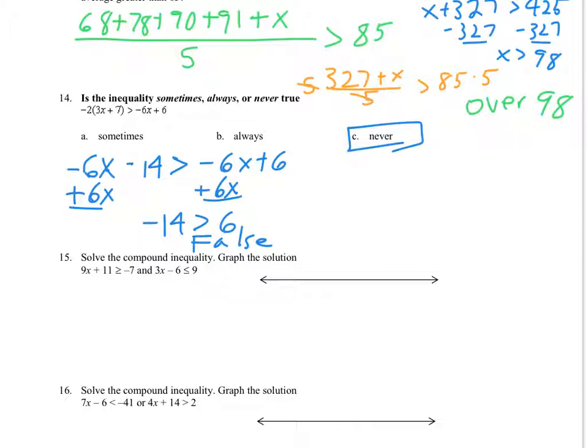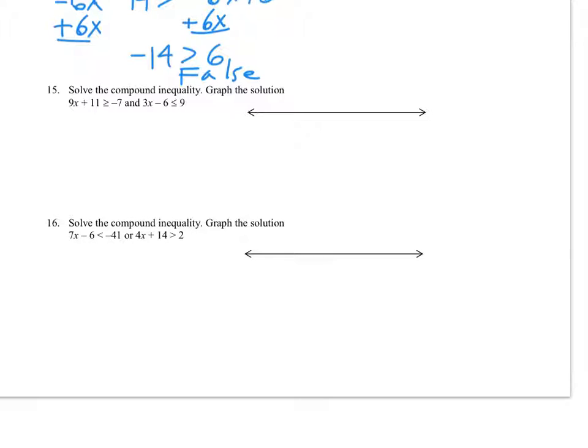For number 15, solving the compound inequality and graphing that solution. We will solve those two separately and then put them together on the graph. I'll start with 9x plus 11 is greater than or equal to negative 7. I'll start by subtracting the 11. So we get 9x greater than or equal to negative 18.